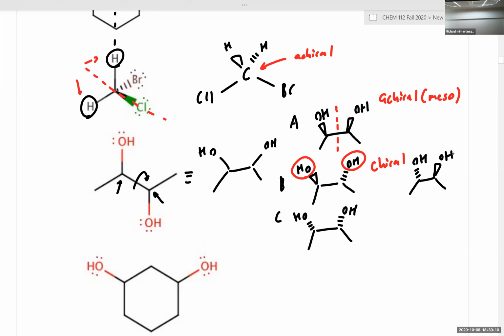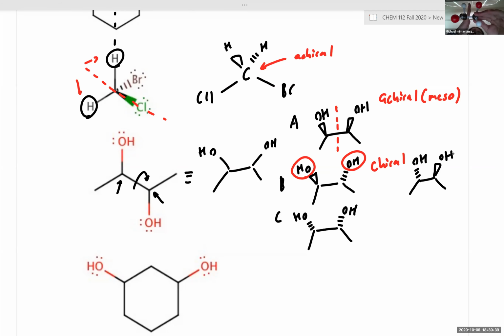So if we compare our two enantiomers, we notice immediately that the structure and its enantiomer, no matter how hard we try, are non-superimposable. Additionally, we notice that there's no axis of symmetry present in this molecule.